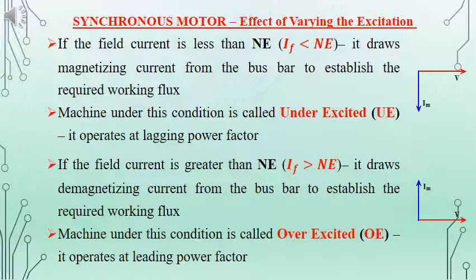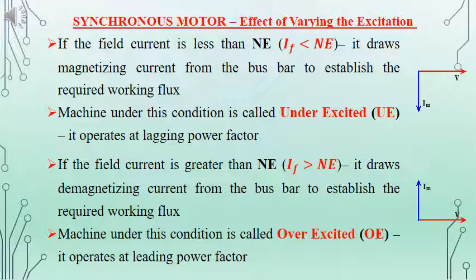Since an additional magnetizing current is drawn from the supply, the machine will be operating at lagging power factor condition. And we should keep in mind the load on the machine is not yet changed. That means on under excitation, that is below a particular limit of excitation, the machine will be operating at lagging power factor condition.